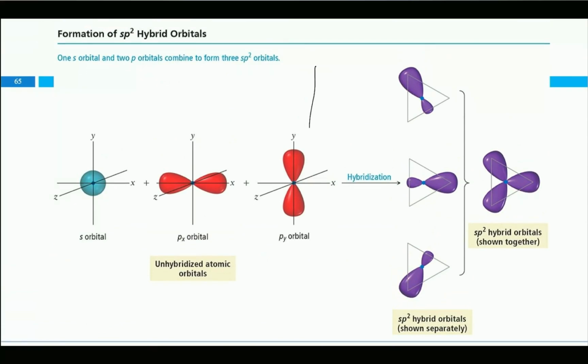So we've got 1 p orbital, 2 p orbitals, 3 p orbitals. This would be an unhybridized p orbital, and these would be the trigonal planar sp2.